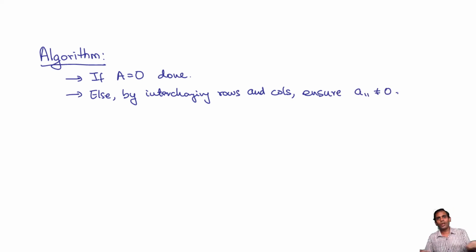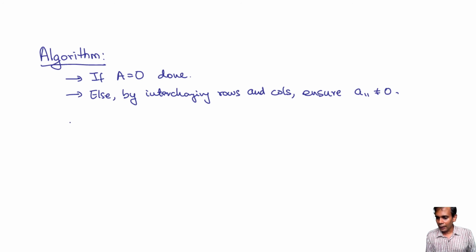I mean, you have a non-zero element somewhere in your matrix, say in the ith row and jth column. So first you interchange the ith row with the first row, and then the jth column with the first column, and then you'd have moved that element from the ith row and jth column to the first row and first column.